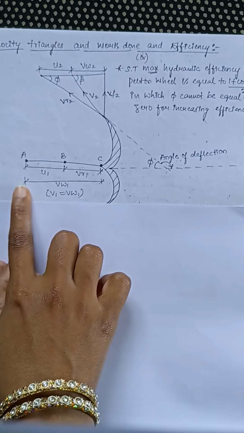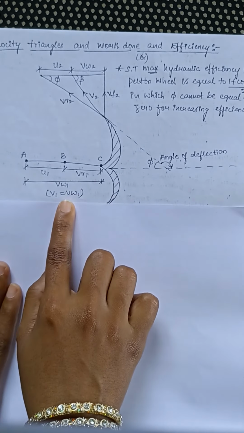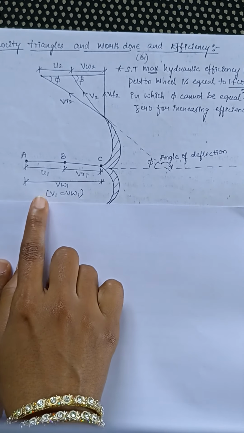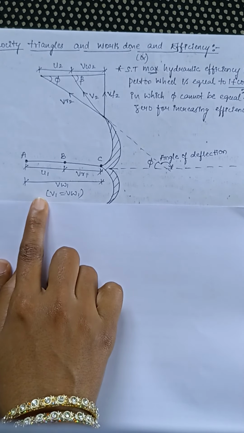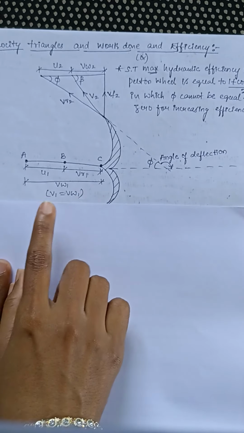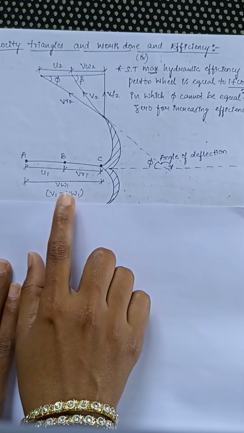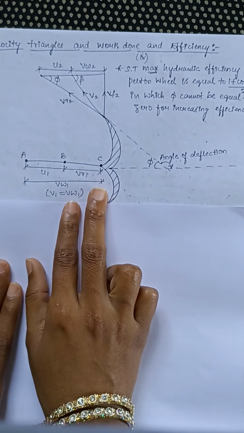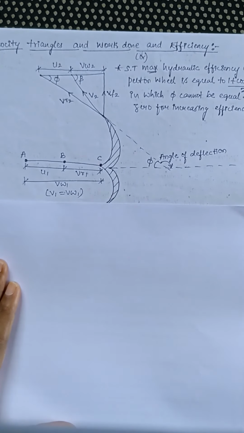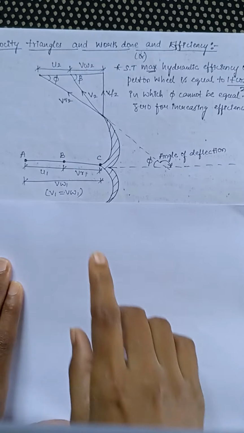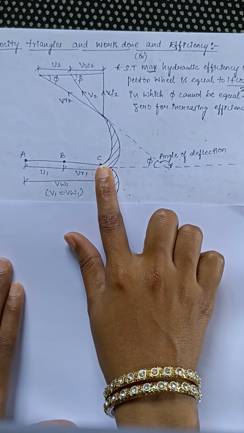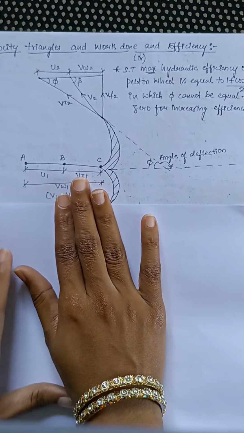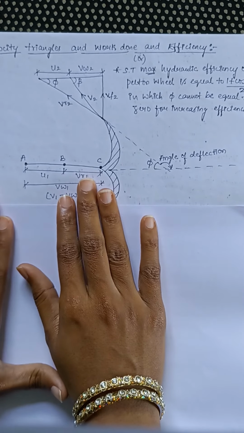So in this case, V1 will be equal to Vw1 here. That means the absolute velocity of the jet will be equal to the whirl velocity, because we are not getting the angle here. Here the angle alpha is 0. So that means the jet is exactly coming in the tangential direction towards the splitter. So now this is the inlet velocity triangle for the Pelton turbine.